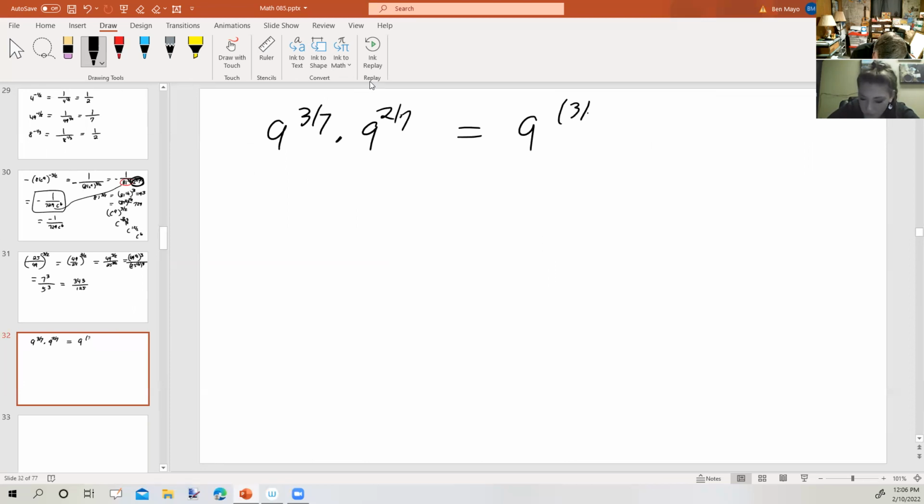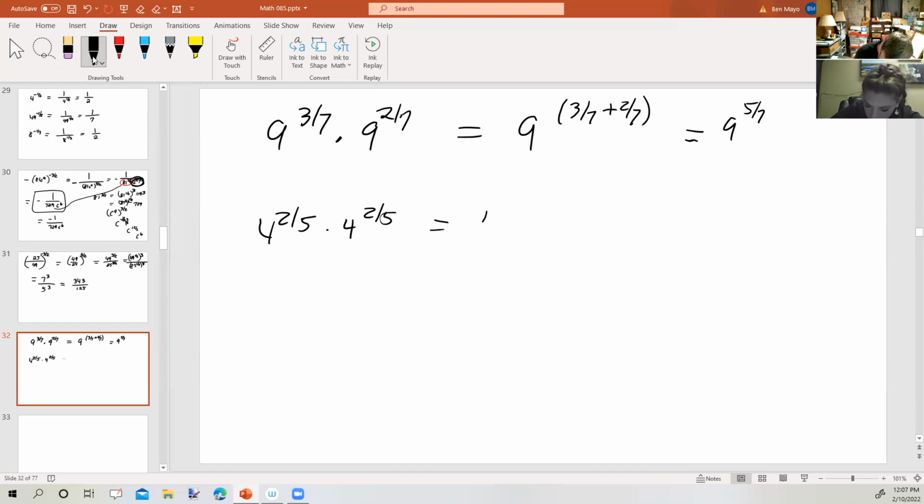So this is 9 to the 3/7 plus 2/7, which is 9 to the 5/7 power. 4 to the 2/5 power times 4 to the 2/5 power would be 4 to the 2/5 plus 2/5 power, which is 4 to the 4/5 power.